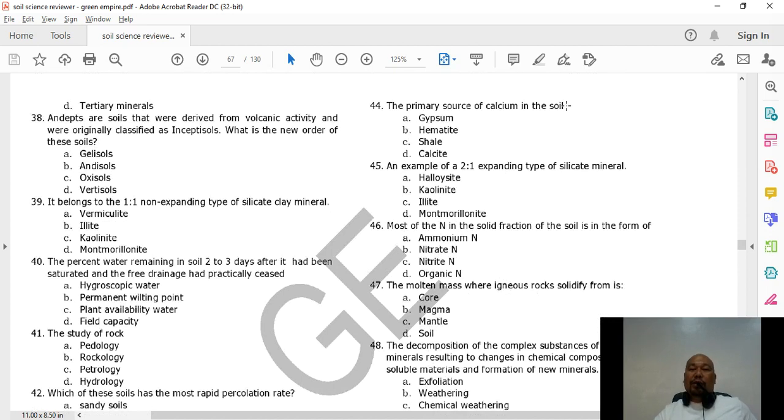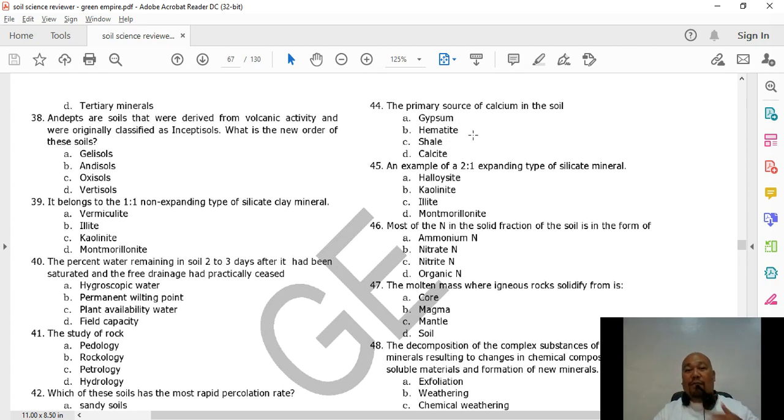Primary source of calcium in the soil. Wow, I know this. I think it's calcite. Ma'am Renny Jane, is that right? Oh, calcite. Yeah, I confirm, ma'am. Gypsum, hematite. From the word hema, I think this is an iron-based mineral.